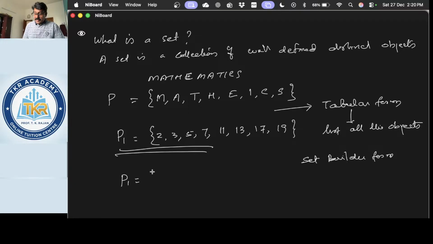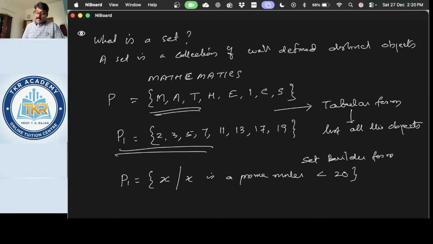This same set you can write in set builder form like the set of all x such that x is a prime number less than 20. So here we are using a unique property of the objects which is applicable only to the objects in this collection. That is how we write set builder form.